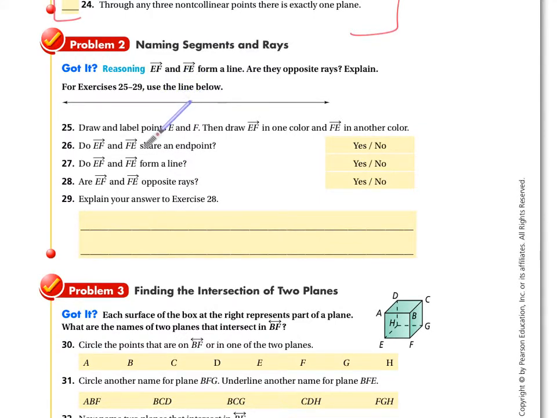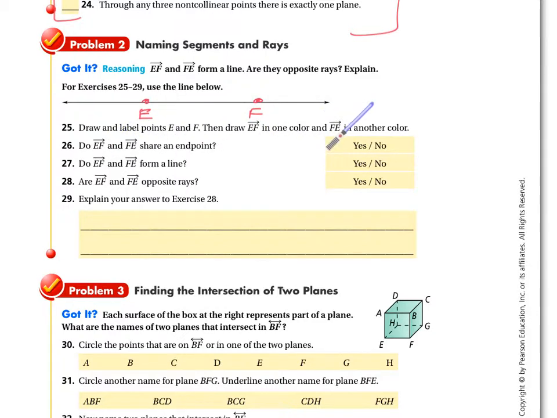And so are they opposite rays? And explain. What's the definition of opposite rays that I gave you? Do you remember? Let's go ahead and put E and F on this line. Here's E and F. So the first ray, EF, means that it starts at E and it goes through F. So cover up this part right here.